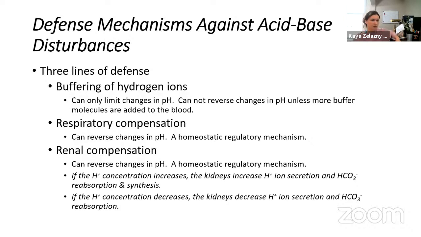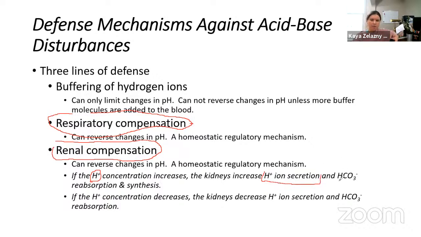These are terms that we want to internalize, that we want to remember. Respiratory compensation or renal compensation, both are considered homeostatic regulatory mechanisms. And in renal compensation, basically what we're going to see happen is that if we increase hydrogen ions, the kidneys are going to increase the amount of hydrogen ions they secrete into the tubular fluid and therefore excrete in the urine.